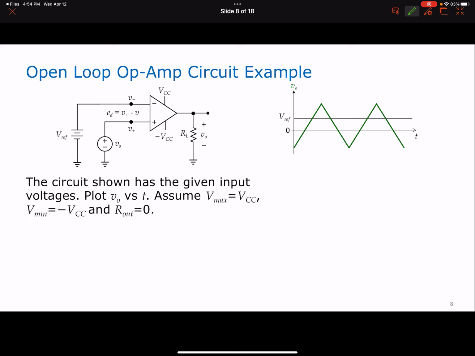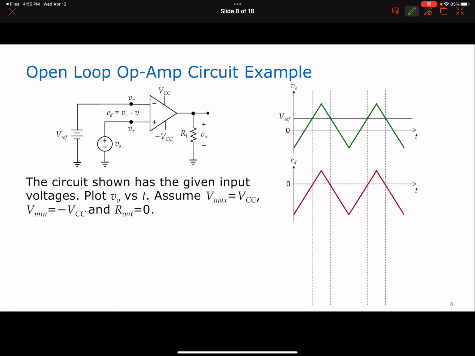So what is the output going to be? We said that your output is going to be A_OL multiplied by E sub D. What will E sub D look like? E sub D is V plus minus V minus. V plus is this particular waveform. V minus is Vref. So this is what E sub D will look like.